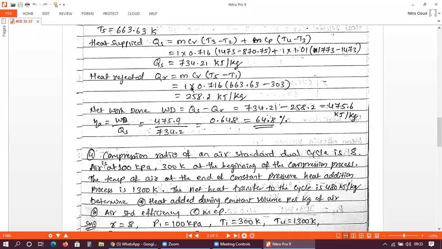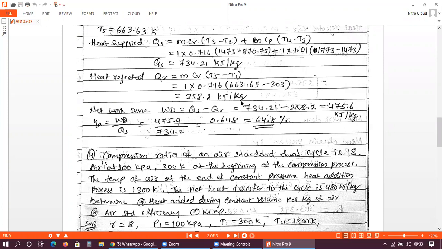M is 1 kg, mass of air is 1 kg, multiplied by 0.716 into (T5 663.63 minus 303). Substitute all the values and operate the calculator. You will get 258.22 kilojoules per kg. So this much will be the heat rejected.